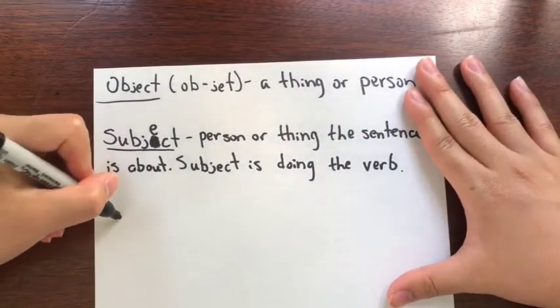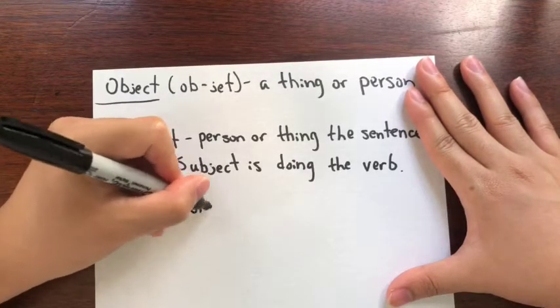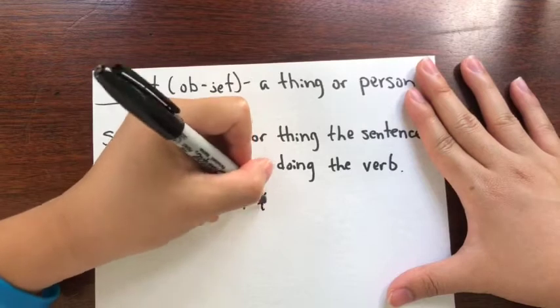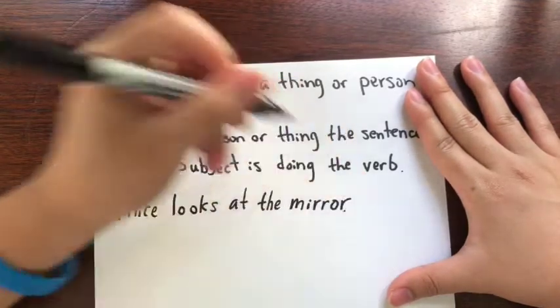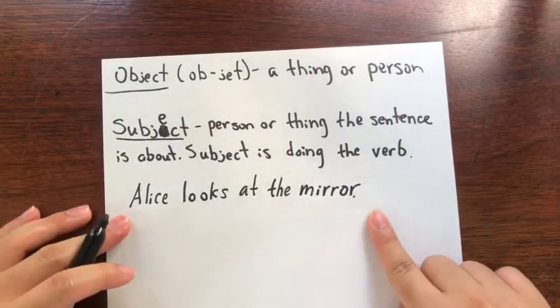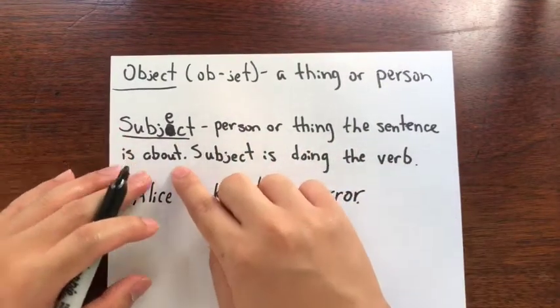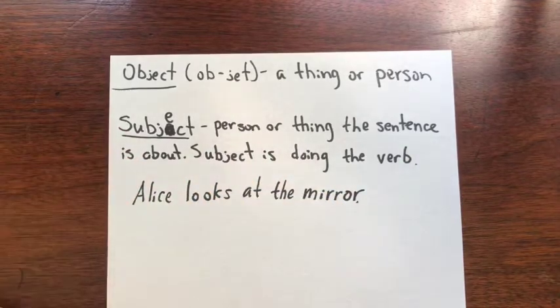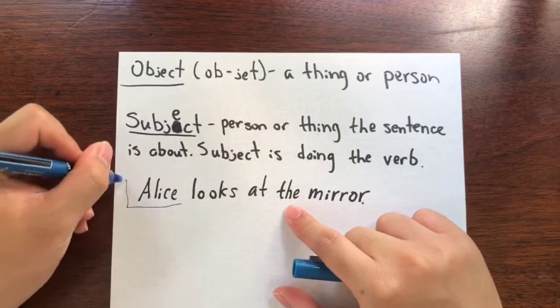So, in this sentence, Alice looks at the mirror. The subject is the person or thing the sentence is about. So, also the subject is the person doing the verb.